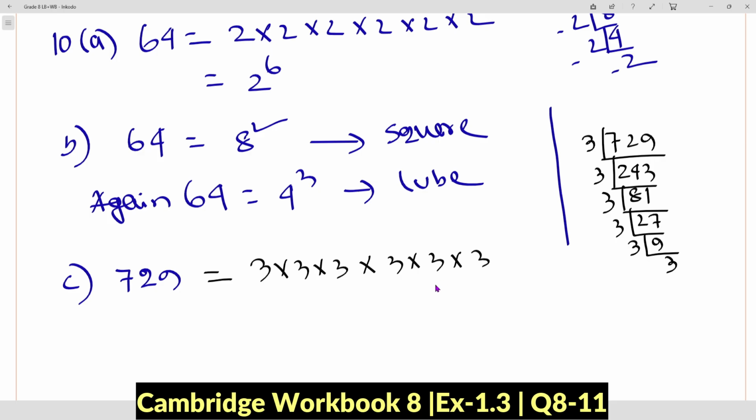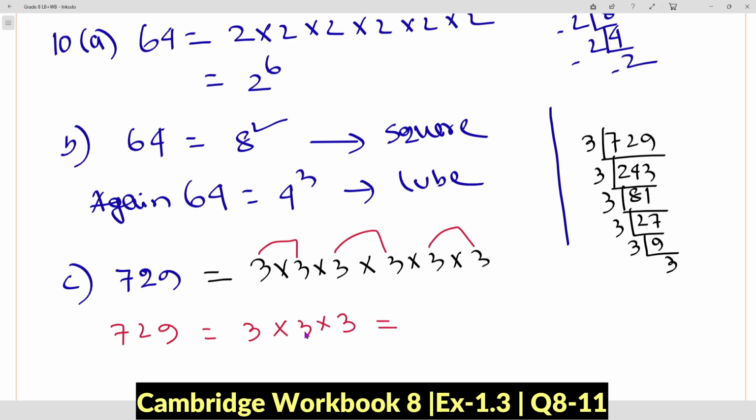Okay, so what is the best way to find the square? We can make pairs, and from each pair we can take one. So for 729, from each pair we take a 3.